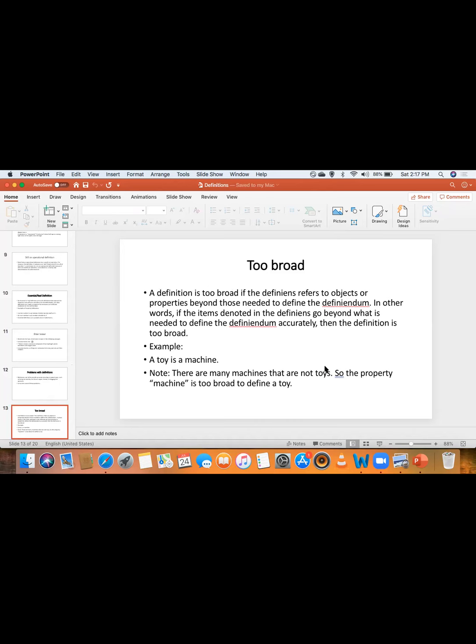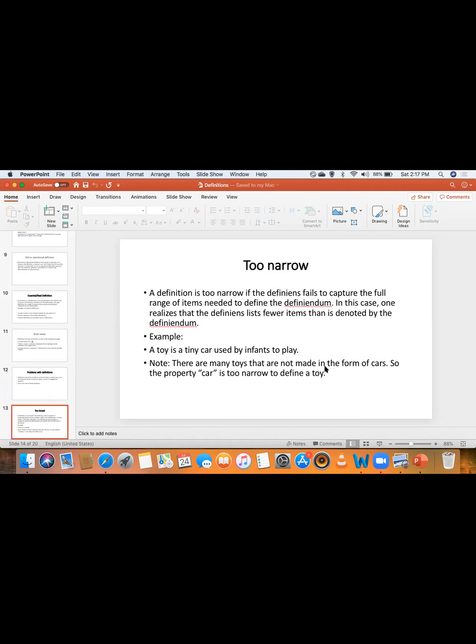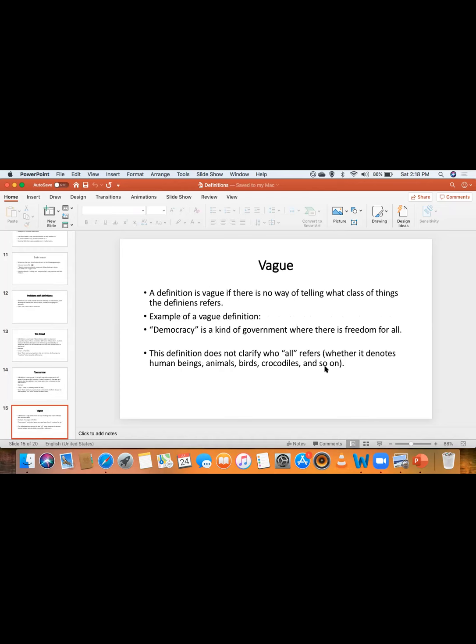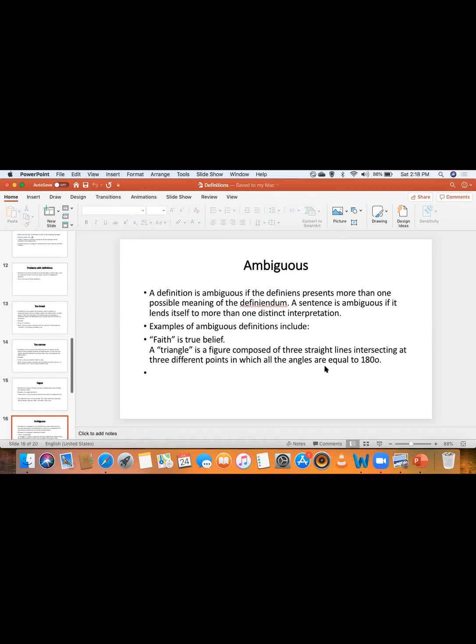We said definitions are too broad if the definiens refers to items that go beyond what is needed to define a definiendum, and too narrow if the definiens refers to items that are not enough to define the definiendum. Definitions are vague if there's no way of telling what class of things the definiens refers to.